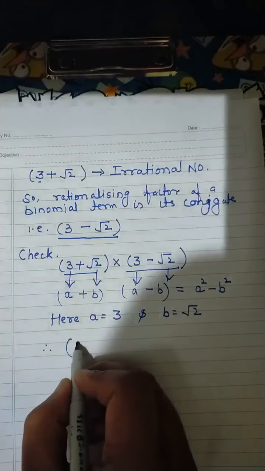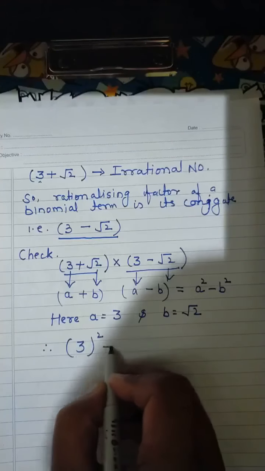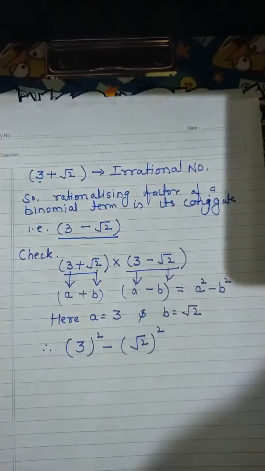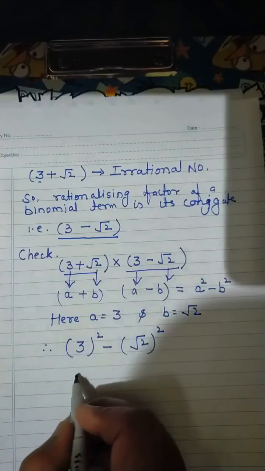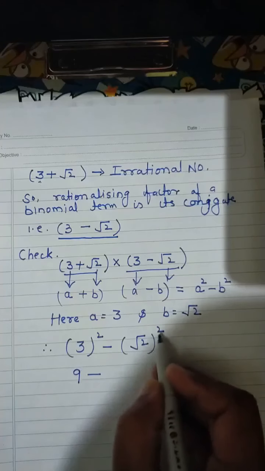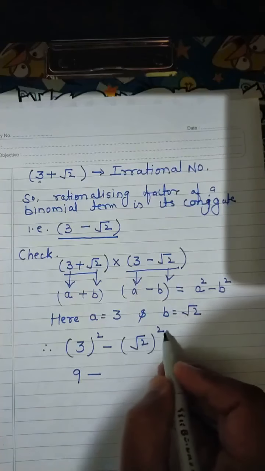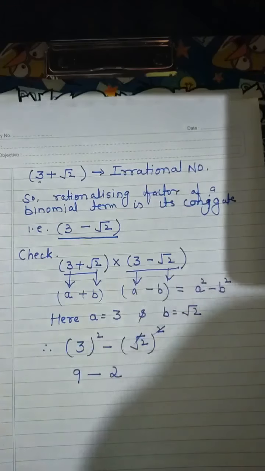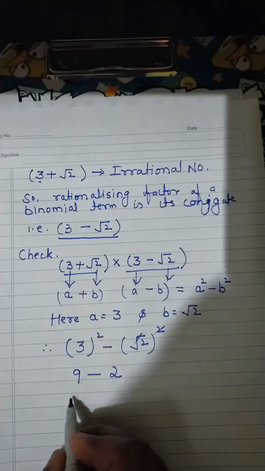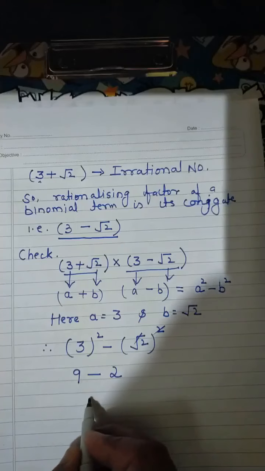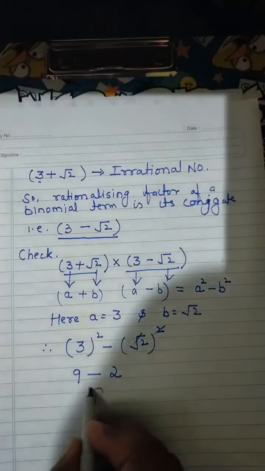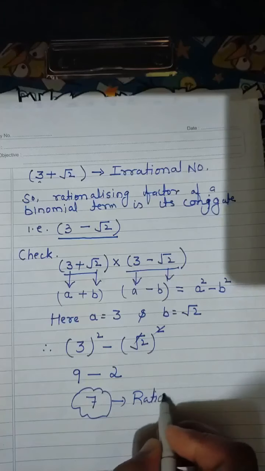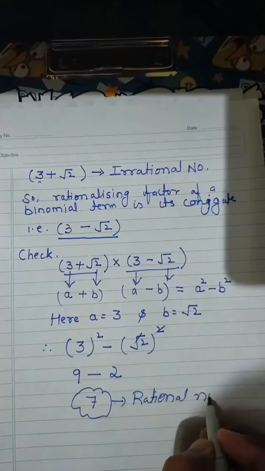Therefore, it becomes 3 square minus square root 2 square. 3 square is 9 and square root of 2 square is 2. So it becomes 9 minus 2 is 7. This is a rational number.